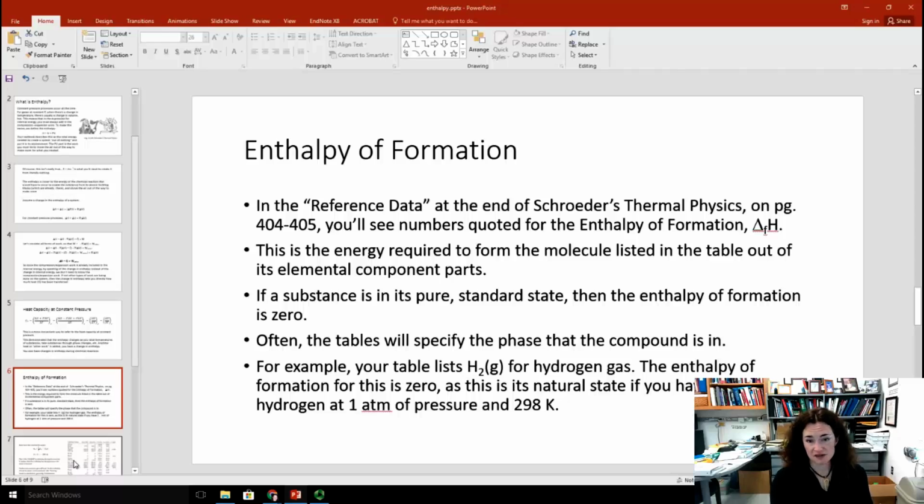Often, the tables will also specify the phase that the compound is in, because, as we just discussed, you have to add or subtract heat in order to get the substance to go through a phase transformation, and so the enthalpy will change if that happens. Now, as an example, the table in Schroeder lists hydrogen gas, H2, as a gas, and the enthalpy of formation for that would be 0, because that would be its natural state at 1 mole and 1 atmosphere pressure and 298 Kelvin. It would be a diatomic gas.